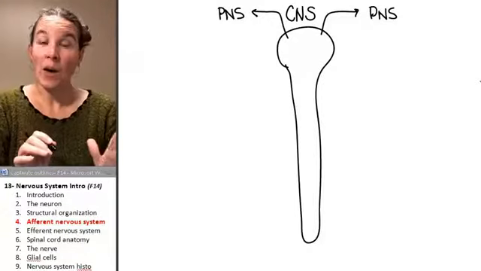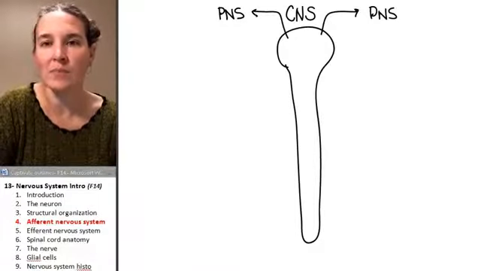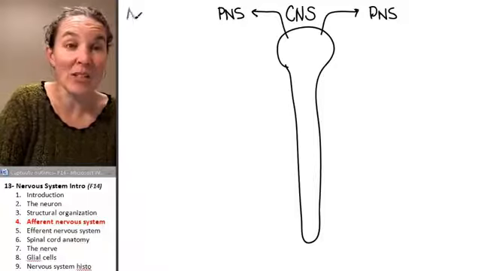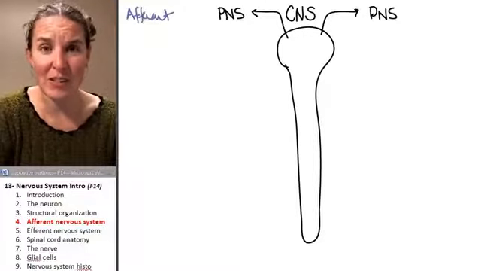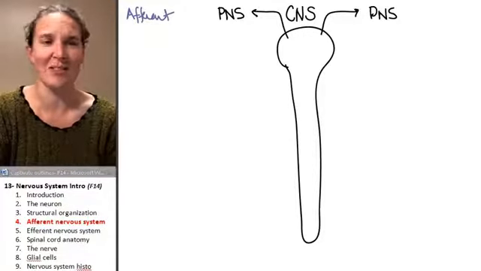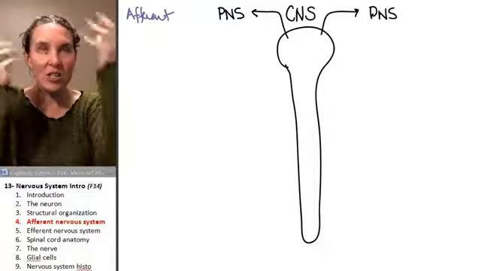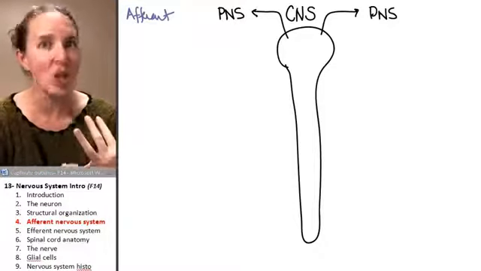Right now, I want to take a closer look at the afferent nervous system. So let's look at incoming information. Does information come into your central nervous system from just one side? No, not even close. Information travels into your central nervous system from all over the place, through all sorts of nerves.